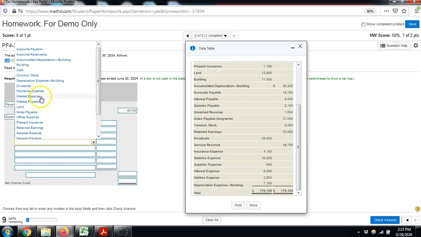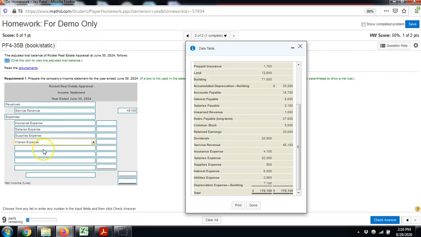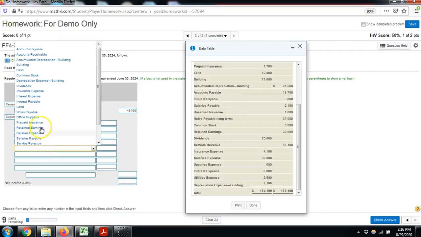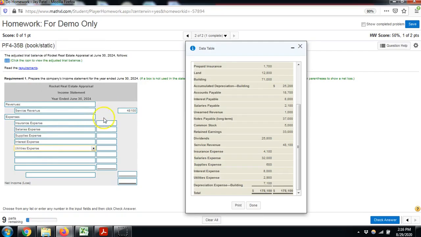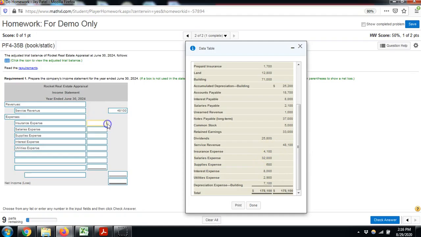Remember to be careful about interest expense versus interest payable. Interest expense is an expense account, interest payable is a liability, and so on the income statement we're just concerned with the expense accounts. And so we just get the numbers for all these from the adjusted trial balance.